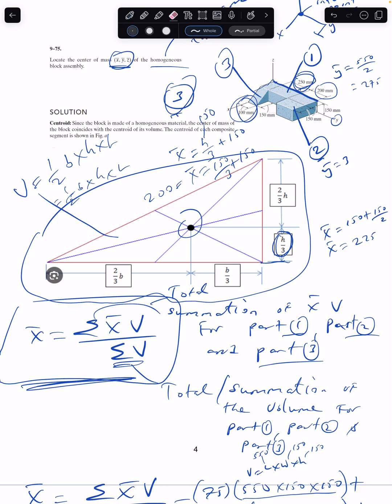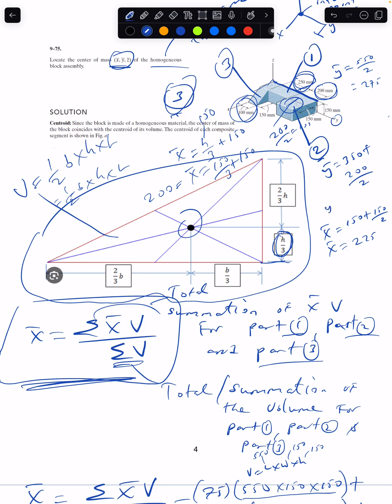So from the reference point, we have 350, plus this distance which I have here, which is actually 200. And I have 200 divided by 2 because the centroid for this piece is actually 200 divided by 2, which is actually 100.